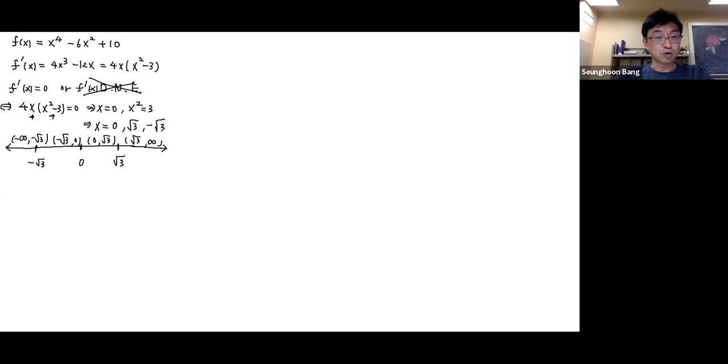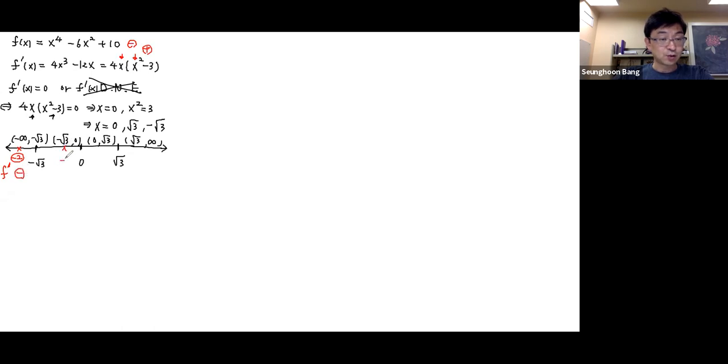So you can choose a test number and check whether f prime is positive or negative. I can choose negative 2 and plug it in. 4 times negative 2 is negative. Negative 2 squared is 4, and 4 minus 3 is positive, so we have negative.